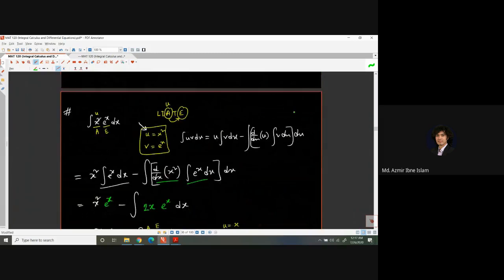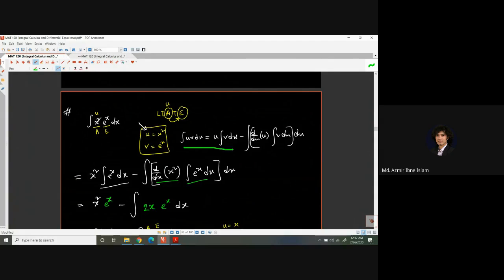So let's take the same example. You can see we solved this problem by using the integration by parts technique, and for this we used the LIATE form. But since we have algebraic x squared, the same problem can be solved by the tabular method.